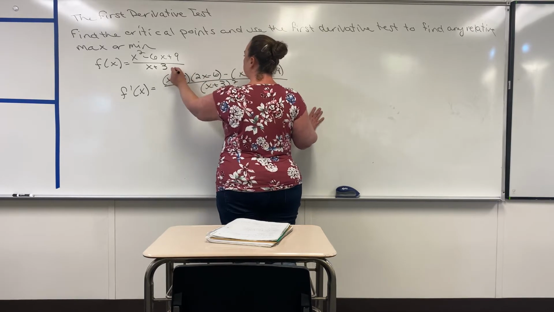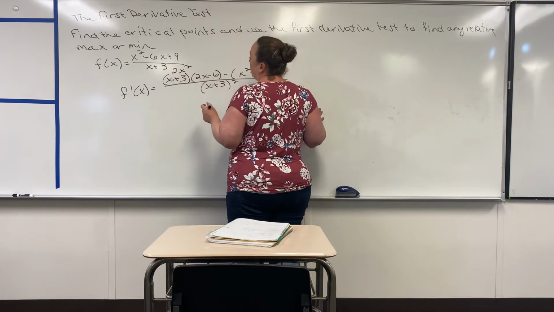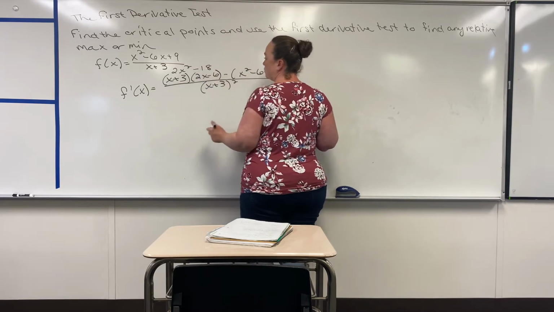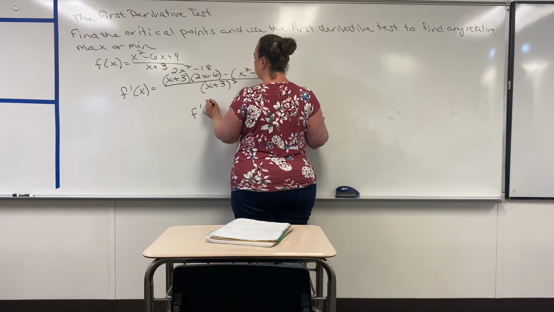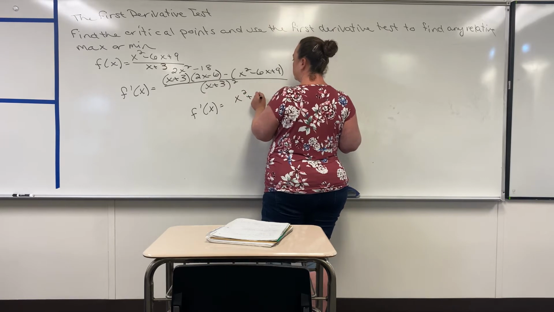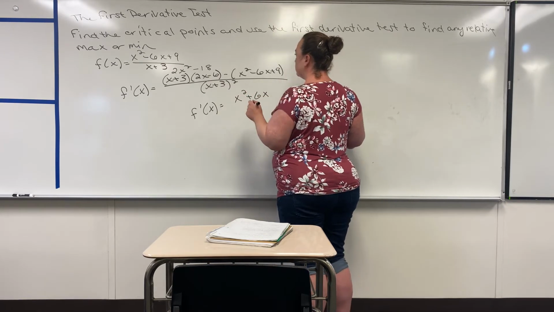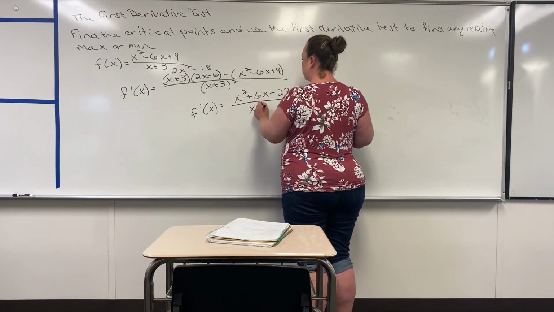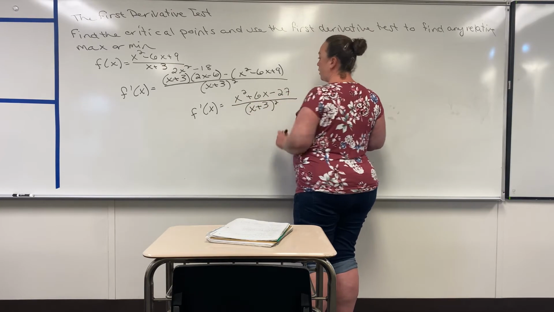So then multiply that out, so you get 2x squared minus 6 plus 6 minus 18. All right, so there's your first derivative.